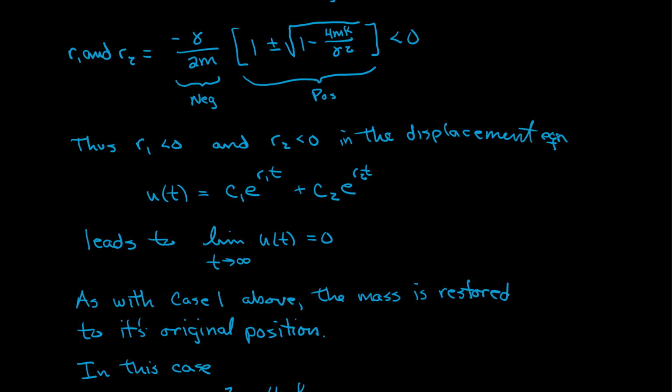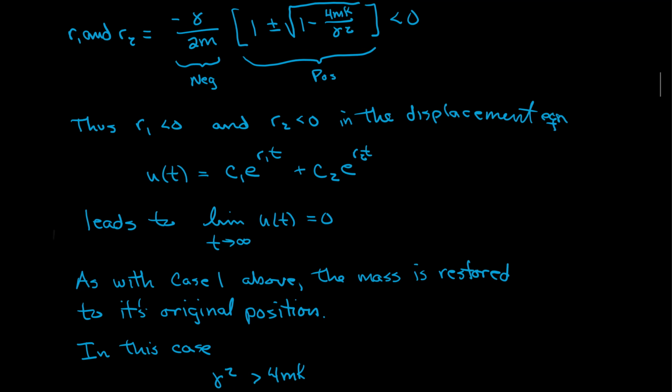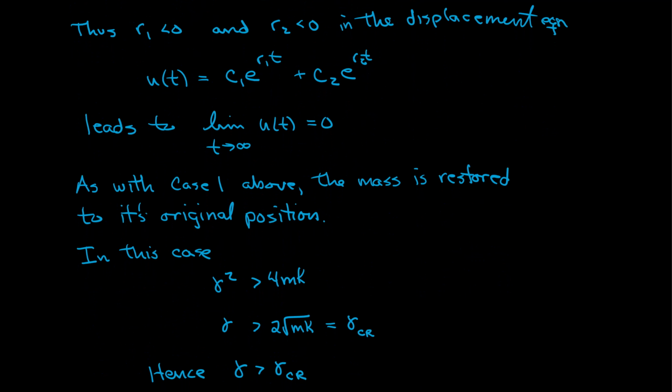As we just discussed, the 1 plus or minus the square root is always going to be positive. This gives us then a factor that's negative times a factor that's positive, so this product will always be negative. So this tells us that our two roots, R1 and R2, are both going to be negative values.